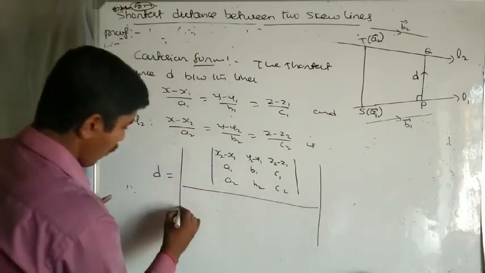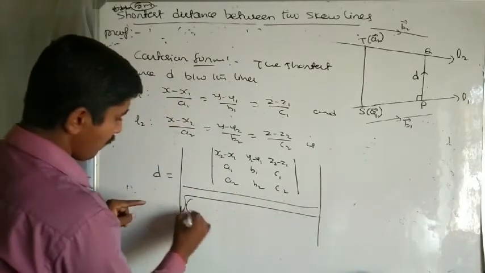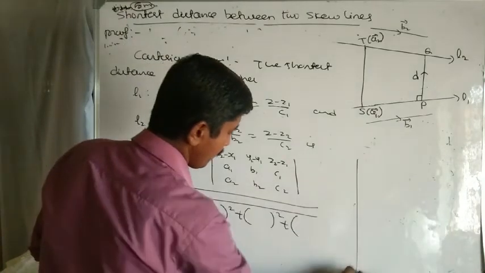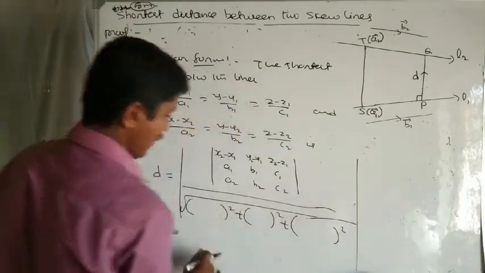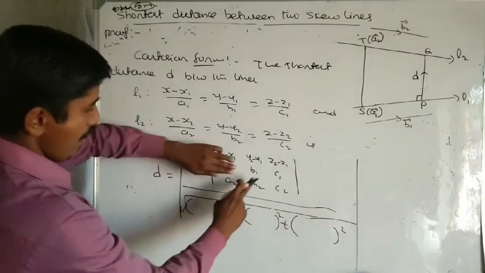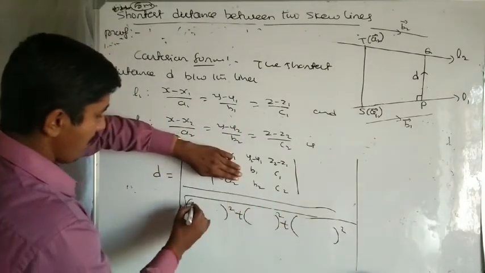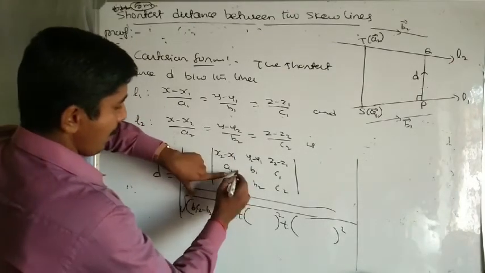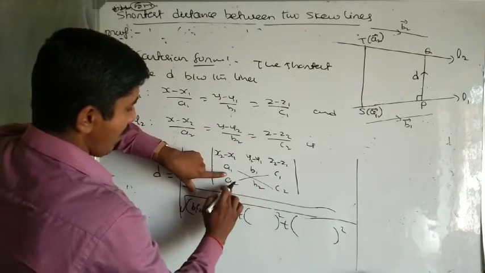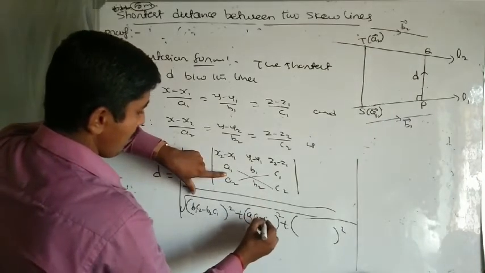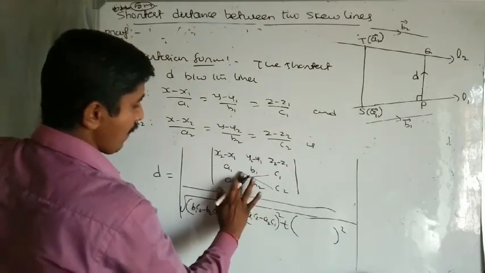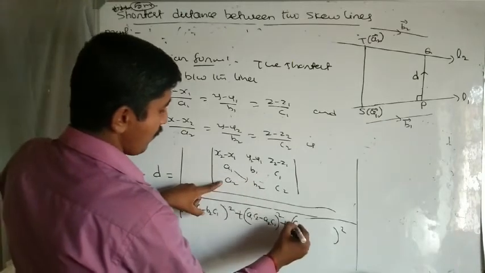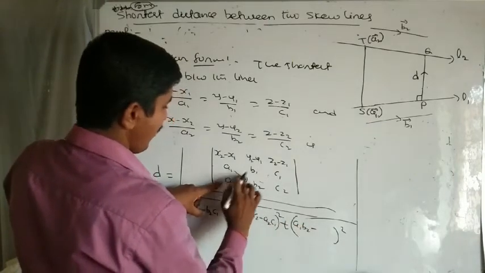All divided by the root of the sum of three squares. The first square is b1 c2 minus b2 c1 whole square, plus next a1 c2 minus a2 c1 whole square, plus a1 b2 minus a2 b1 whole square.